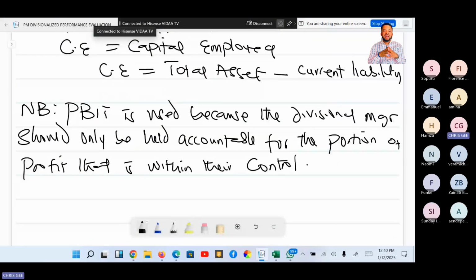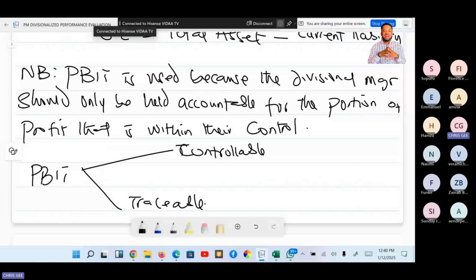So PBIT, we are saying, is controllable and traceable.